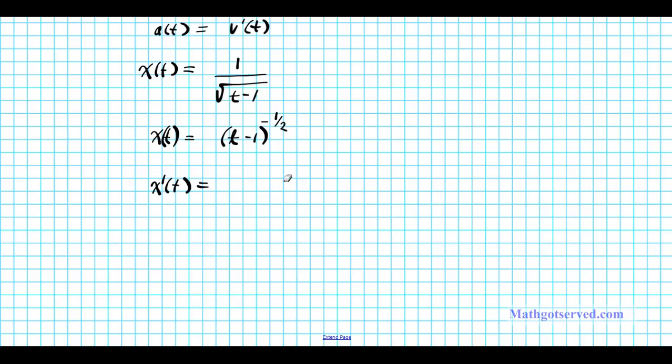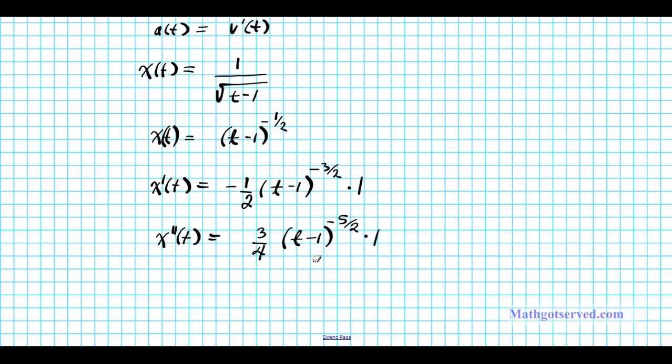Using the chain rule and the power rule, we will have negative 1/2 times t minus 1 raised to the negative 3 over 2. Derivative of t minus 1 is just 1, times 1. Now let's differentiate this again to find the acceleration function. x double prime of t is going to now be, we'll multiply negative 3 over 2 to negative 1/2, so that yields 3 over 4 times t minus 1, subtract 1 from that again, negative 5 over 2, times the derivative of t minus 1 is 1.